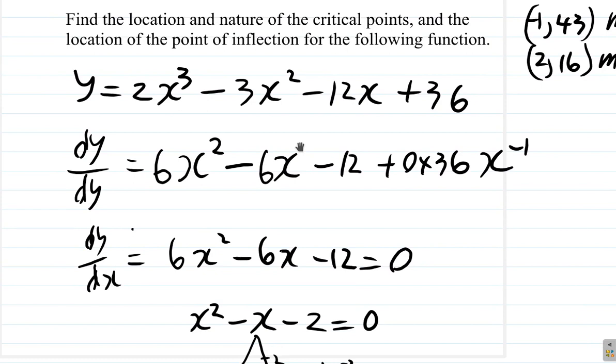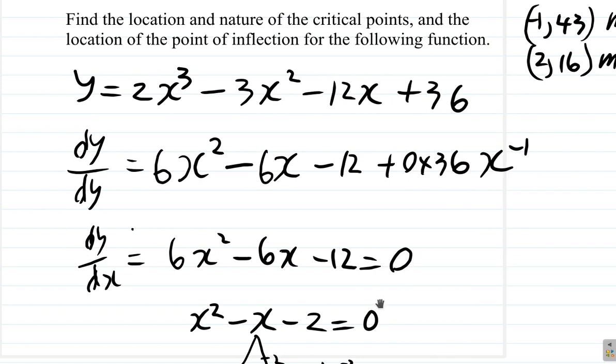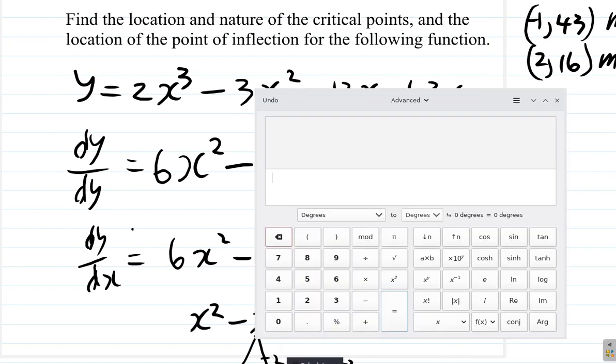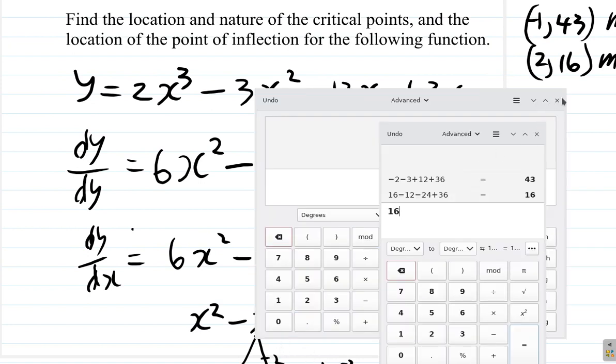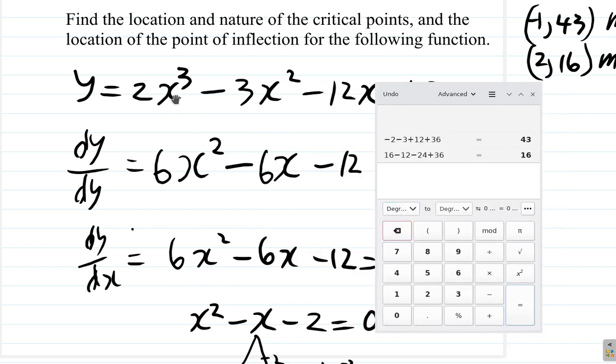Alright, so we want to find out what y is when x is half. Now, when x is a half, half cubed is going to be 1/8. And then 2 over 8 is a quarter.